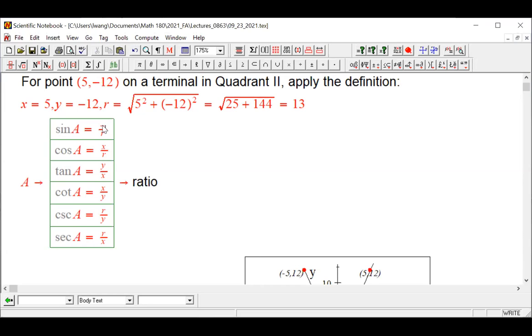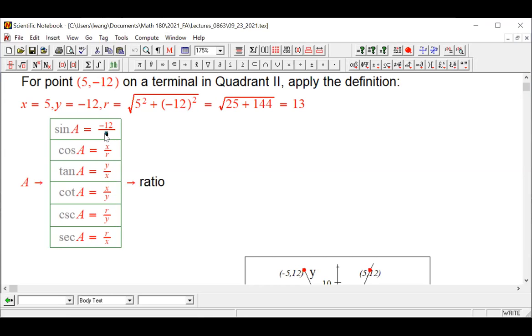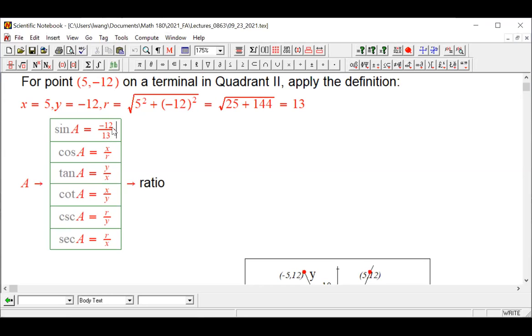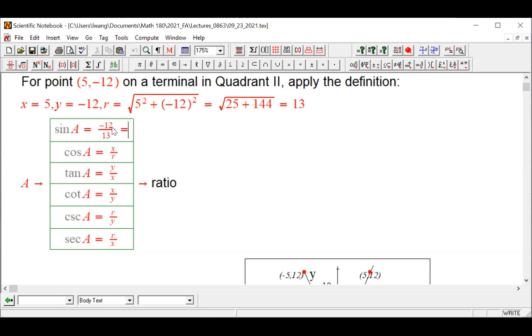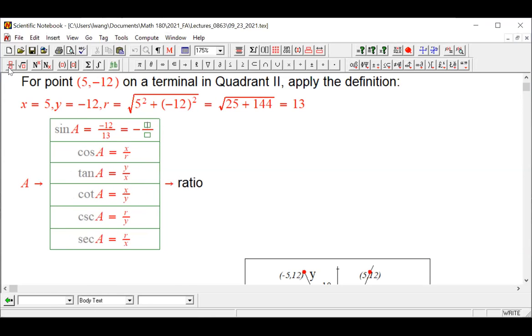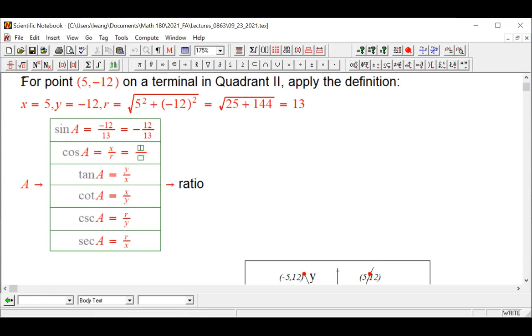So I hope you guys are not terribly bored. Are you bored? Does this become easier and easier? Yes? And the numbers I give you on the quiz are simpler than these. Okay, so x is 5, r is 13.